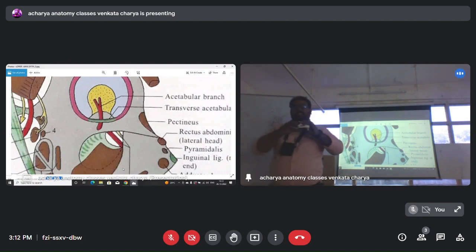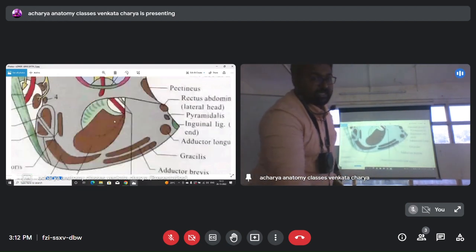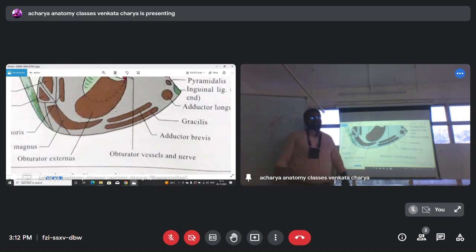First, external surface. In the external surface, there is the origination of gracilis, adductor brevis, and part of adductor magnus.